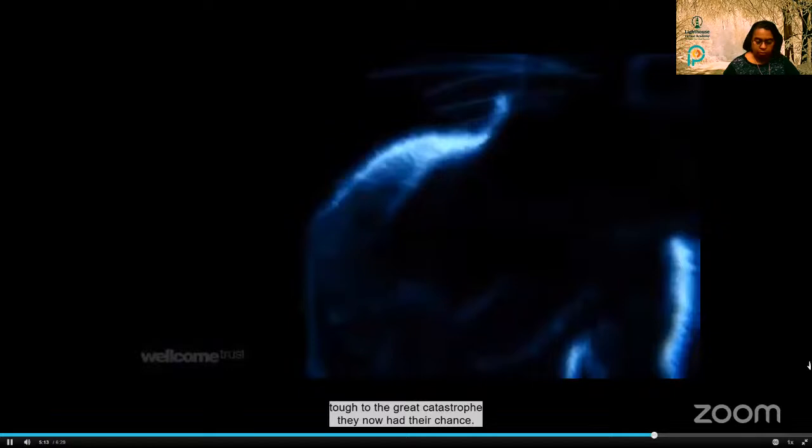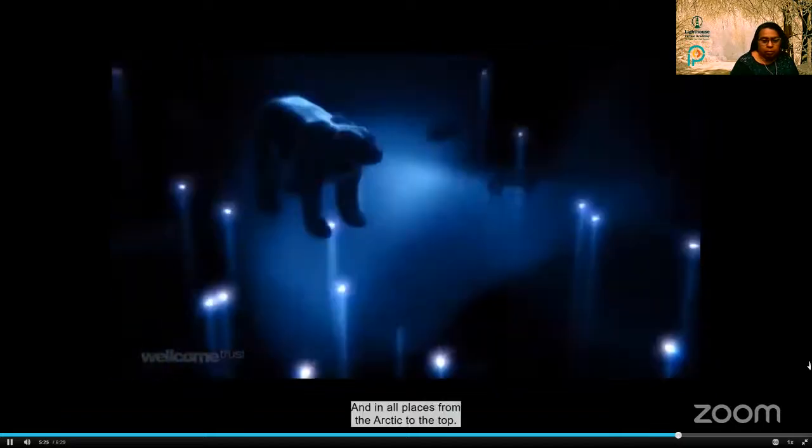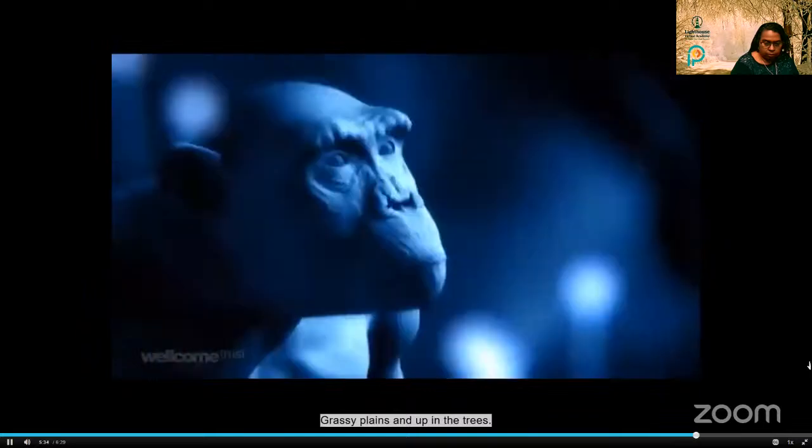With much of the land left vacant after the Great Catastrophe, they now had their chance. Their warm, insulated bodies enabled them to be active at all times, at night as well as during the day, and in all places, from the Arctic to the tropics, in water as well as on land, on grassy plains and up in the trees.